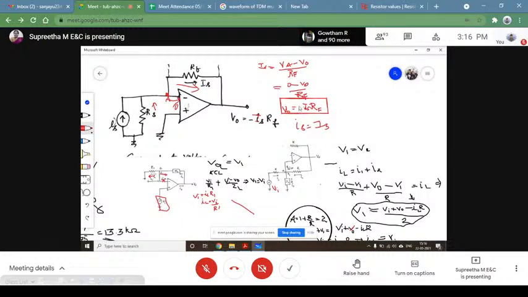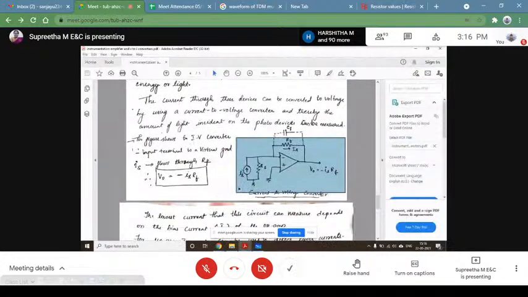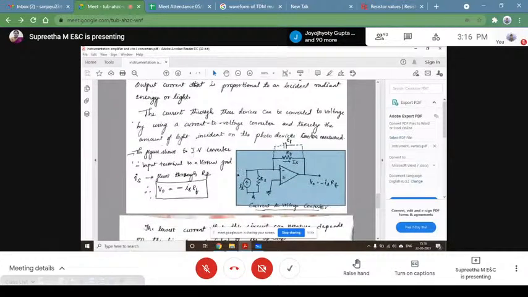Any doubts with this I to V converter? Is it not very simple? Current flows through the I to V converter, since we have the negative terminal. The same current flows, so the output voltage is nothing but the source current into the feedback resistance.